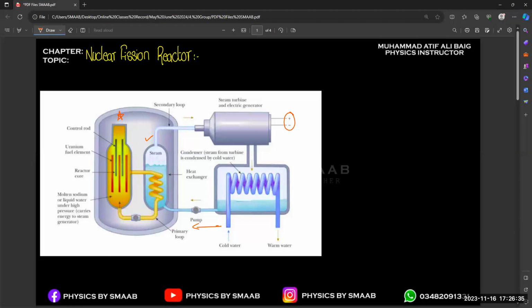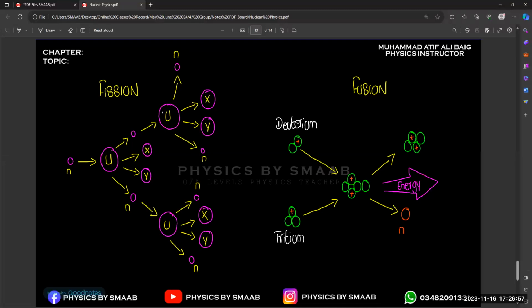But the problem in this reaction is this, because you all know about fission reaction, right? Fission reaction means to split a heavy nucleus into smaller nuclei. And if you remember, we also discussed that in nuclear fission reaction, once it starts, it will continue to split and emit multiple neutrons. Those neutrons further strike nuclei and it works like a chain reaction.